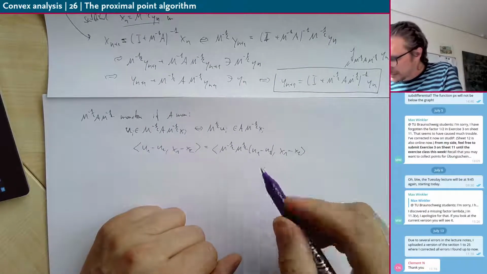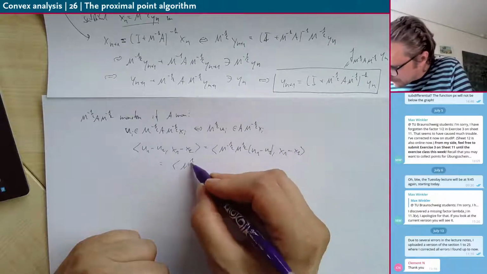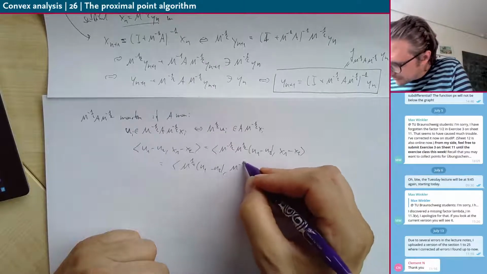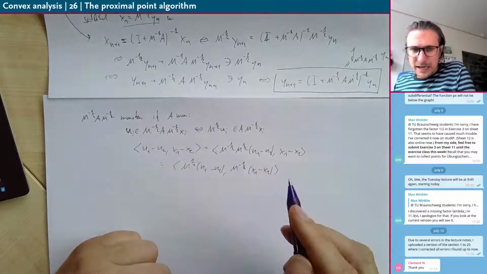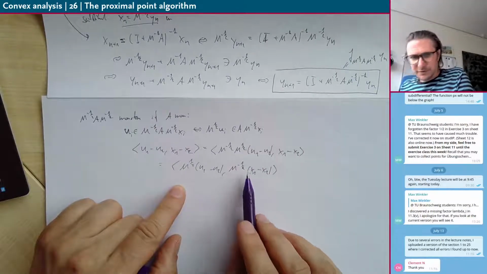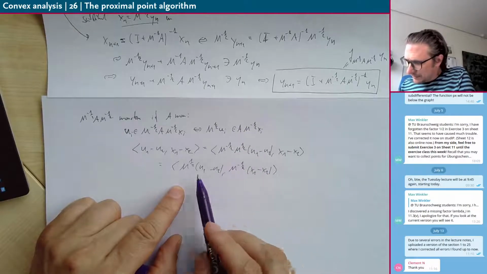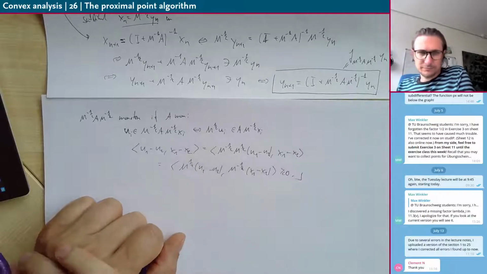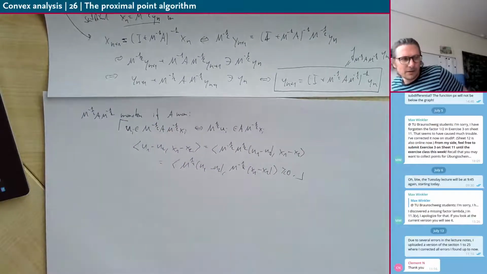You bring it to the other side, you get M to the 1/2 (u_1 minus u_2) times M to the minus 1/2 (x_1 minus x_2), and of course this goes on both because it's linear. Then you see this one is in A and this one is in A, so this is positive. Okay, so that's nice.